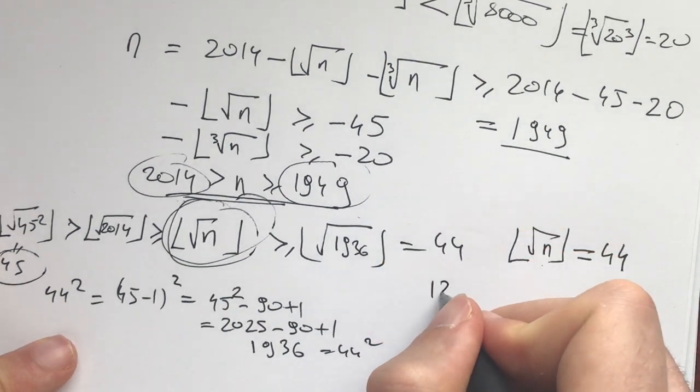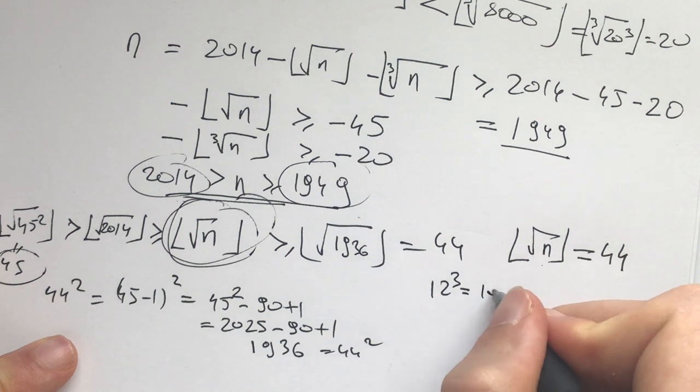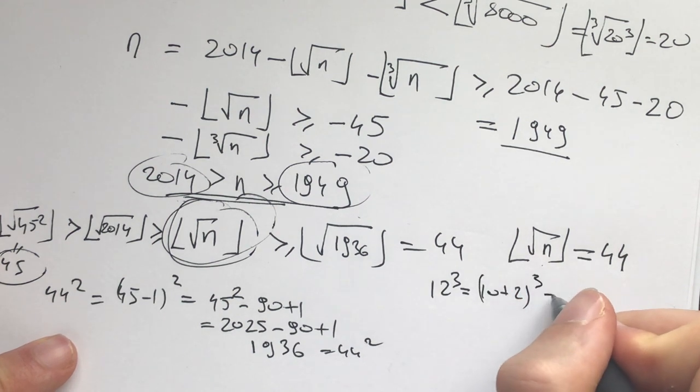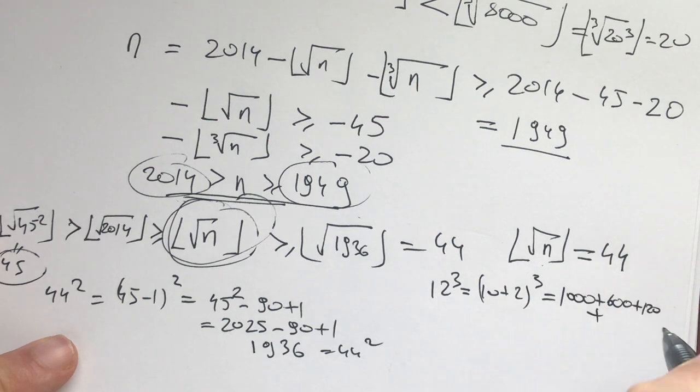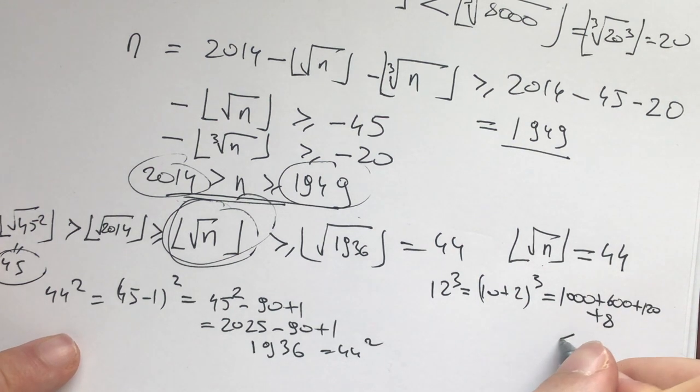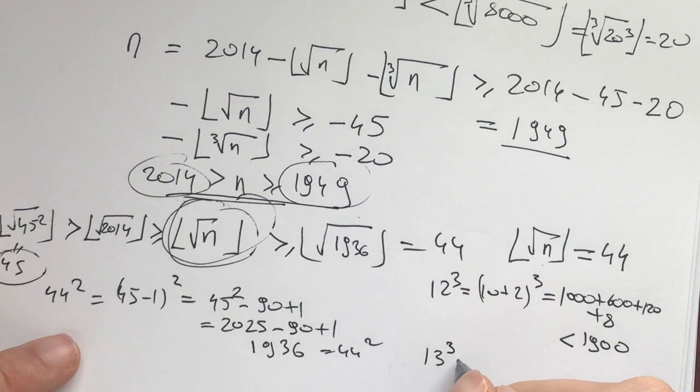Well, we know that 12 cubed is 10 plus 2 cubed, which is 1,000 plus 600 plus 120 plus 8, and we know this is less than 1,900. On the other hand, we know that 13 cubed is going to be 10 plus 3 cubed.